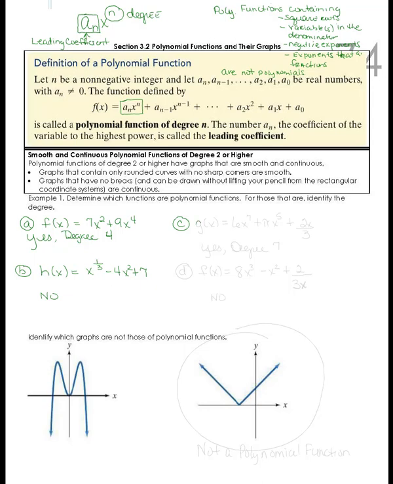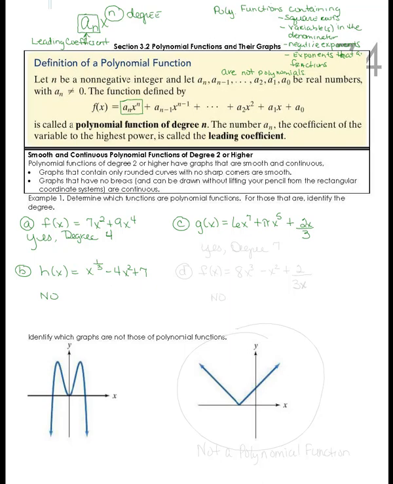Letter C. g of x is equal to 6x to the 7th plus pi x to the 5th plus 2x over 3. Is this a polynomial or not?